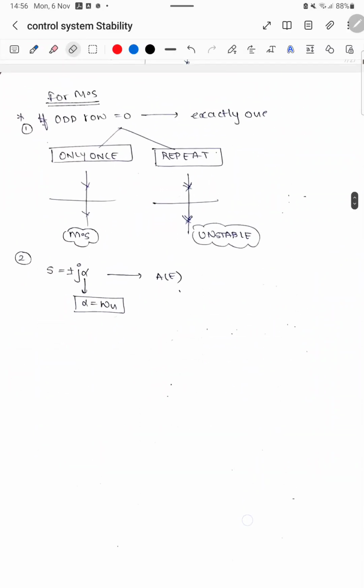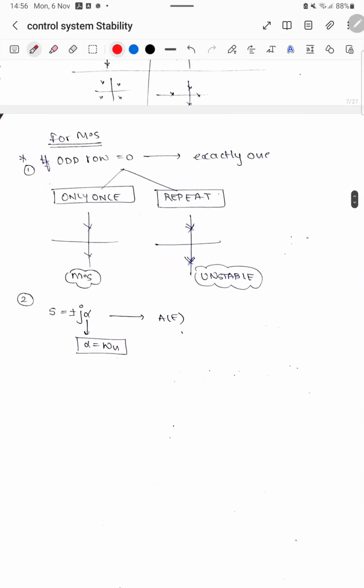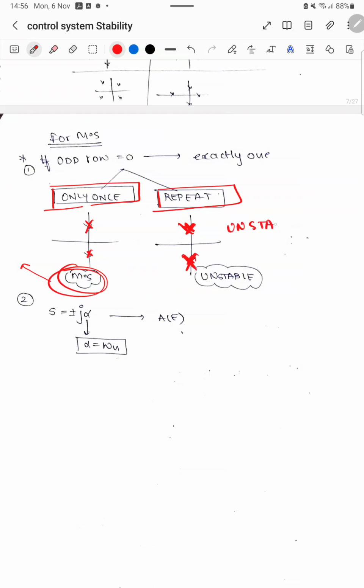Now let me tell you one more concept: if one odd row is 0, in that case the system is marginally stable, because poles come on the imaginary axis. If repeated odd rows are 0 and you are getting repeated roots on the imaginary axis, then the system is unstable.